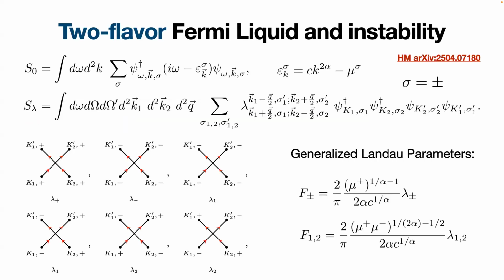So this slide, although it contains many equations, the only thing I changed is I add a flavor index for every fermionic field. So now the chemical potential can depend on flavor, and the interactions can depend on flavor as well.